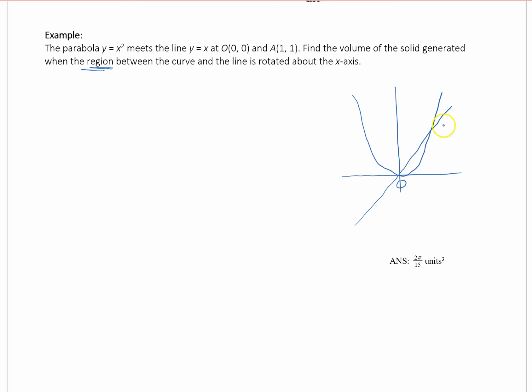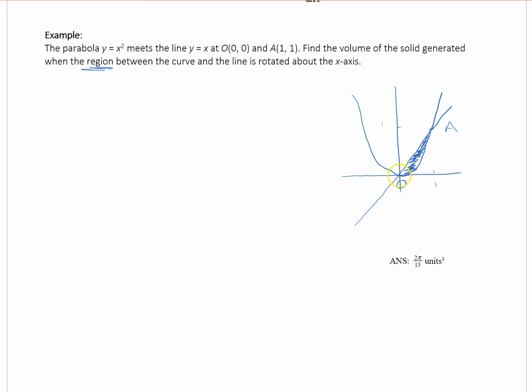They intersect here and here at 1, 1, and that's the point A. So we have a region, and this is my region. This is the unusual thing that's going to be rotated now around the x-axis.